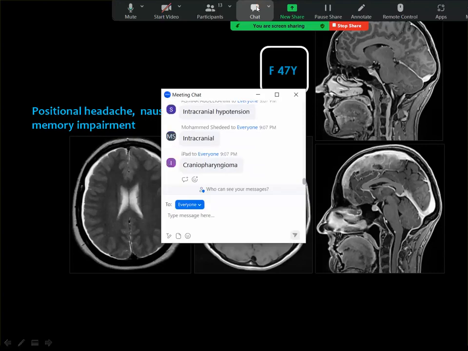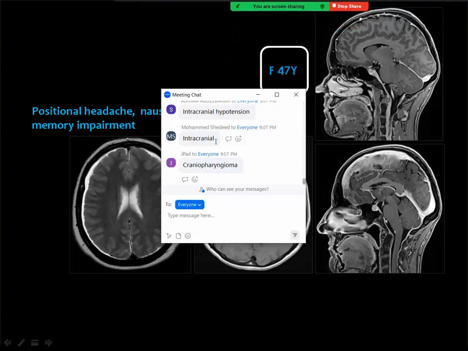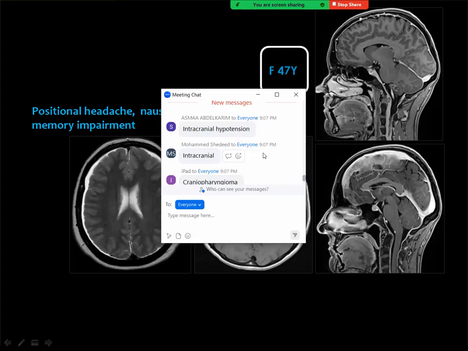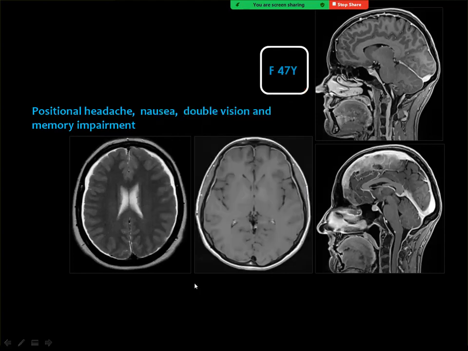Craniopharyngioma? No. Hemangiopericytoma, no. And intracranial hypotension, this is the right answer.